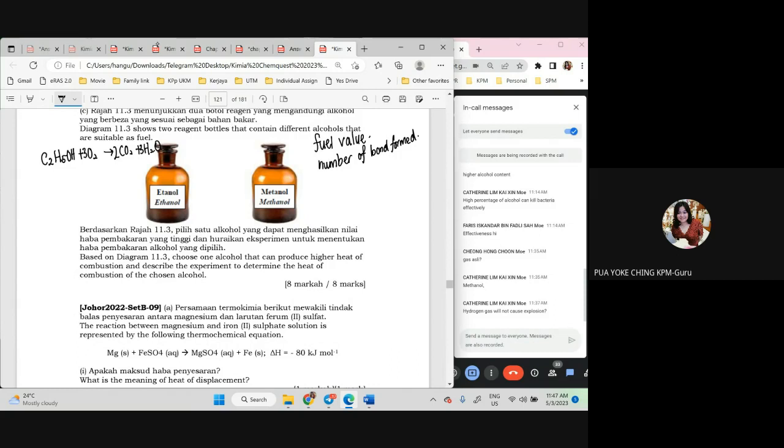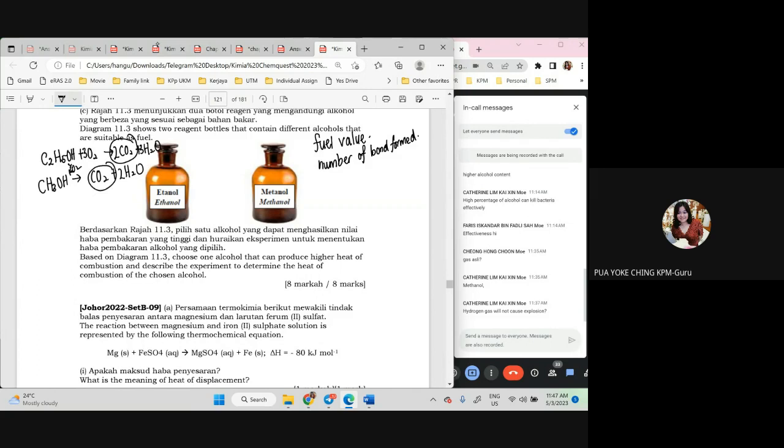So this is 3. For methanol is CH3OH, produce CO2 plus H2O. So balance equation: 2 H2O, also plus O2 here. 2 H2O, 4 O. Okay, this is 3 over 2. So bilangan oxygen, carbon dioxide produced by ethanol is more.